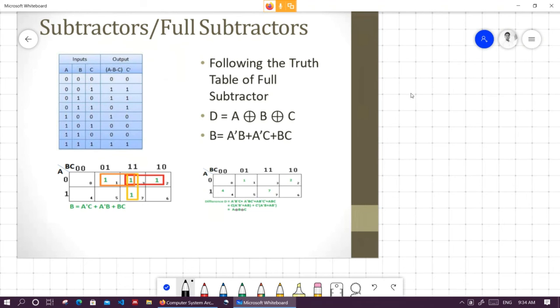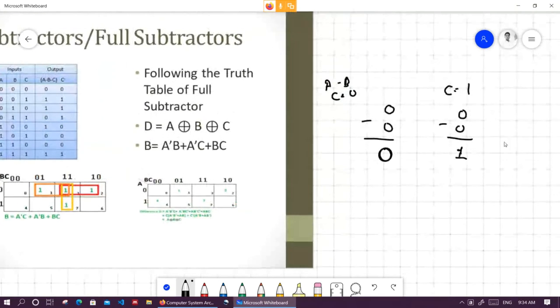Suppose you want to subtract A minus B. First we are subtracting 0 minus 0 with a borrow in of 0 and a borrow in of 1. So in this case the value will be 0, and in this case the value will be 1, and borrow out will be 1.